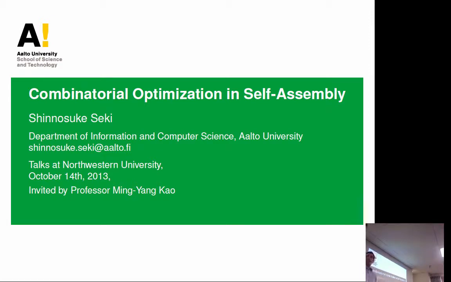So I had the pleasure of getting to go out and work with him in Helsinki for a couple weeks, which is actually the first time I met him, despite the fact that we've previously written a paper together to appear in Isaac 2013. So, and the name of the talk is Combinatorial Optimization in Tile Self-Assembly.